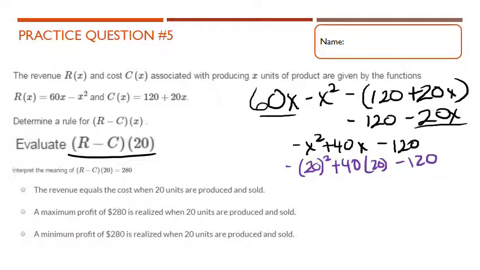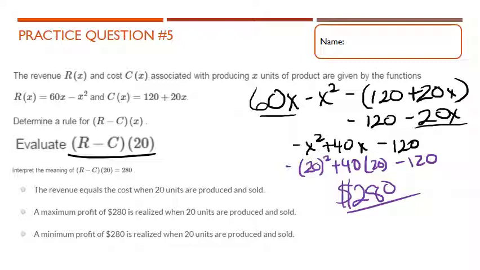Okay, so once you plug that into your calculator, you're going to get $280 because remember the revenue R of x and cost C of x associated with producing x units of a product are given by the functions. Okay, so what does this mean? Interpret the meaning of when you subtract.